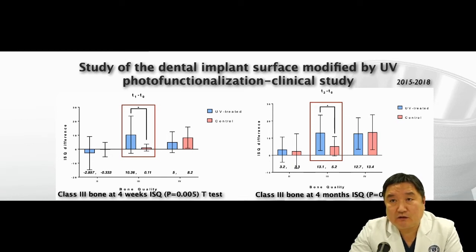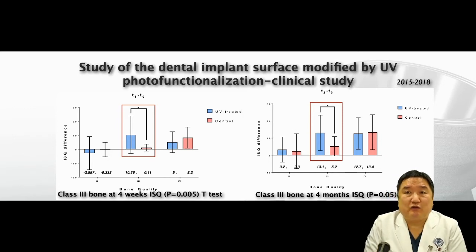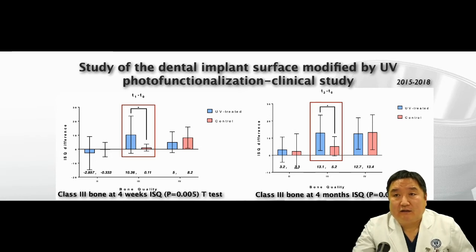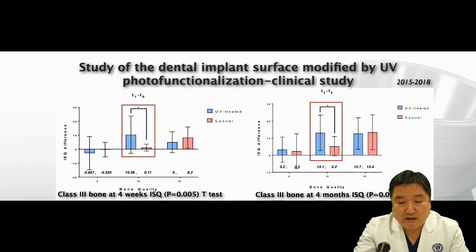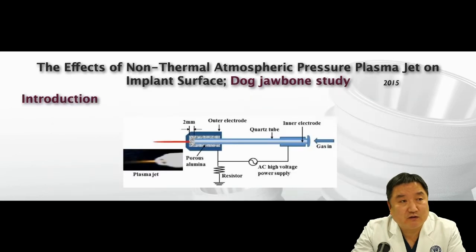It concluded that UV irradiation was very effective for early bone formation and the early stage of osseointegration. So it will be very useful where you cannot have good initial stability, like the posterior maxilla or bone graft area. So this study will be published and could be very strong evidence for the use of this photofunctionalization device.